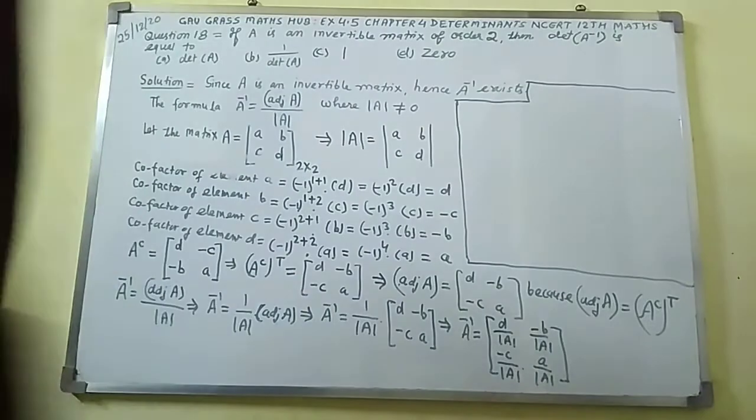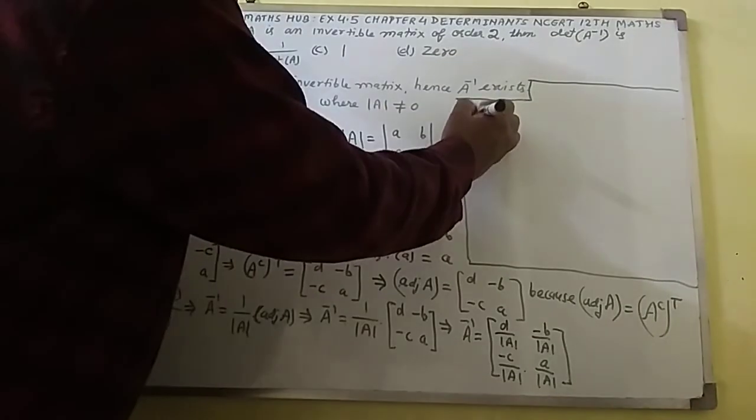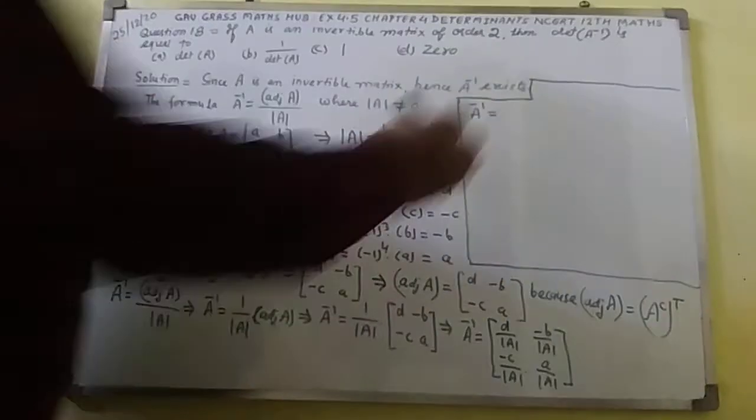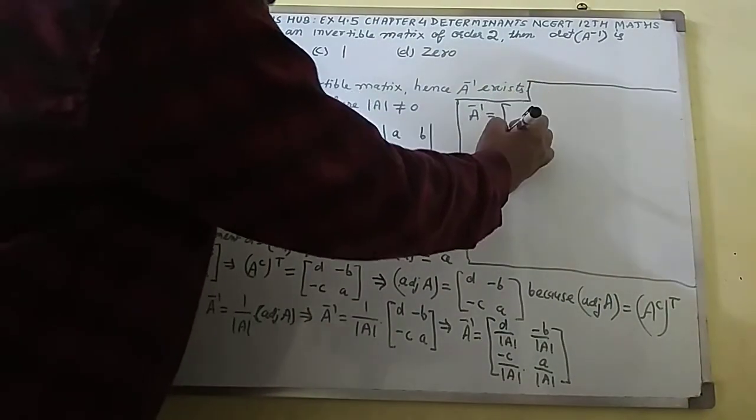Due to space problem, I am doing this one. So here you have got A inverse equal to, opening of square bracket I shall do here.